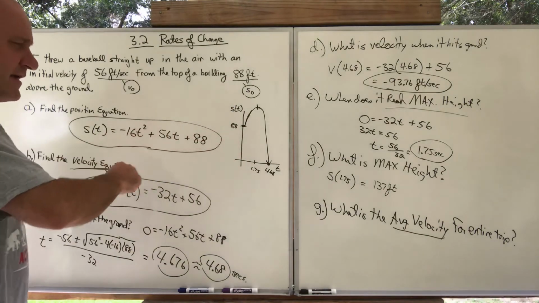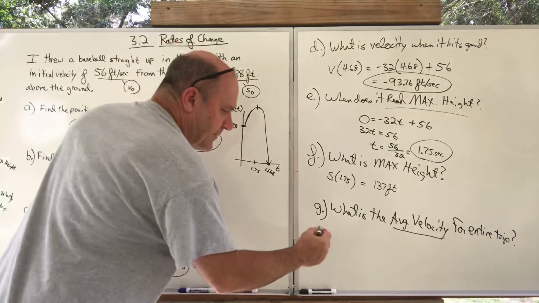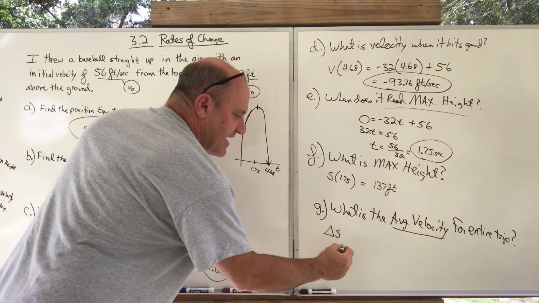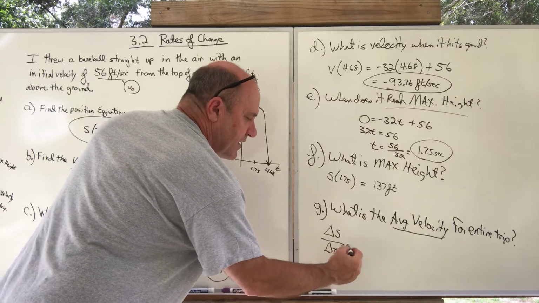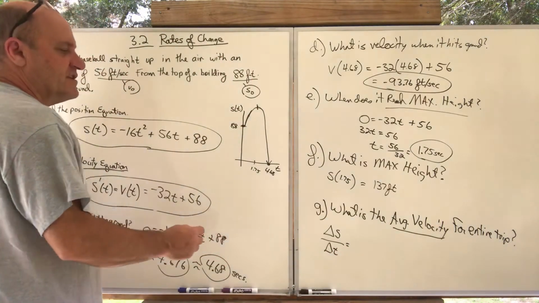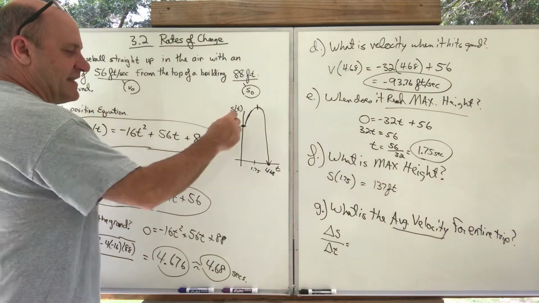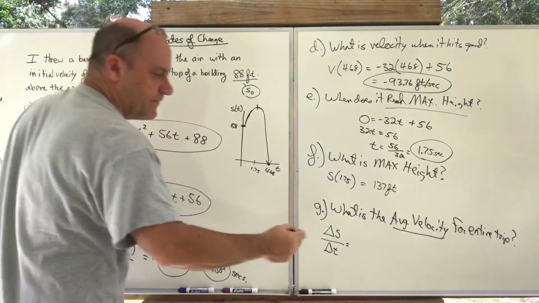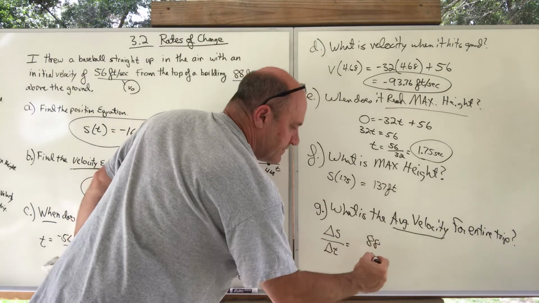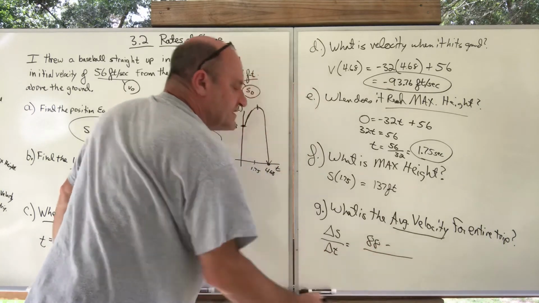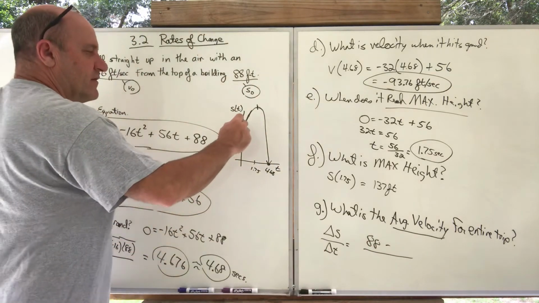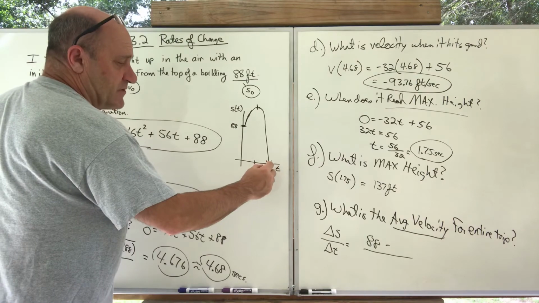So let's see here. At the beginning of this trip, I'm trying to do the change in S over the change in time. So what was the original height? 88 feet? And what was the ending height for the entire trip? It was sitting on the ground.